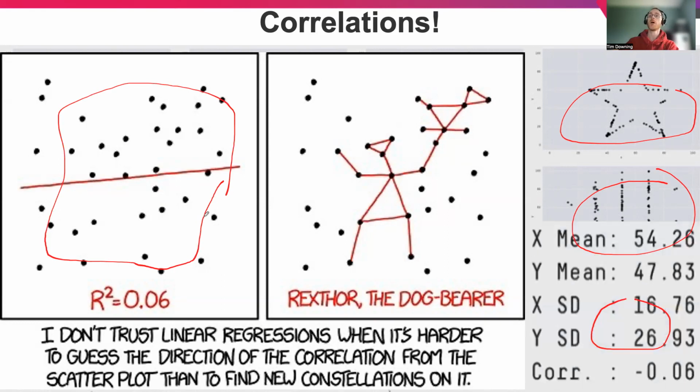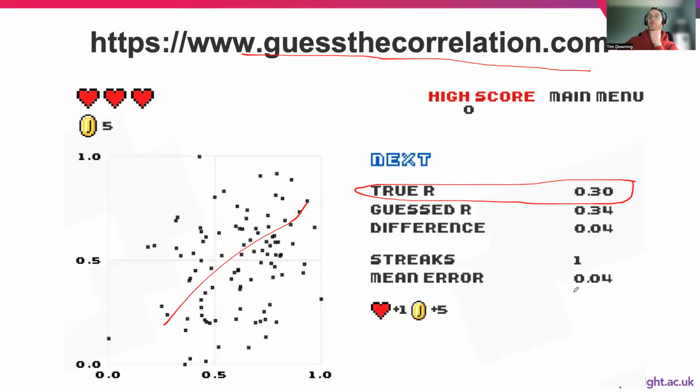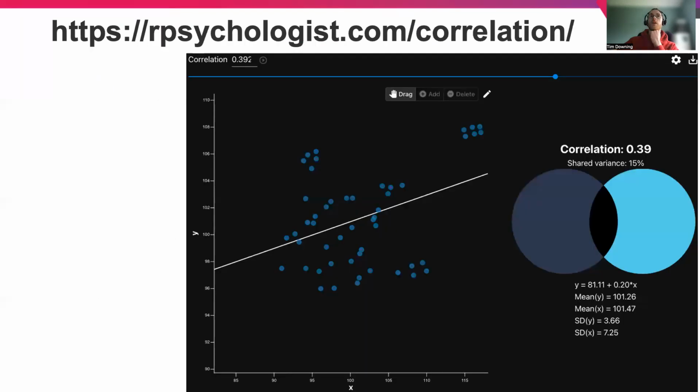In the classes themselves, we'll use this website, Guess the Correlation, where you can look at a correlation and guess its R value and see how close you are to the true value. In the same way, we'll use this website called rpsychologist.com, where it's a nice plot where you can adjust the points on this correlation graph and look at the correlation and the shared variance, and also the linear model of that linkage, showing the intercept here, 81, which is down here.